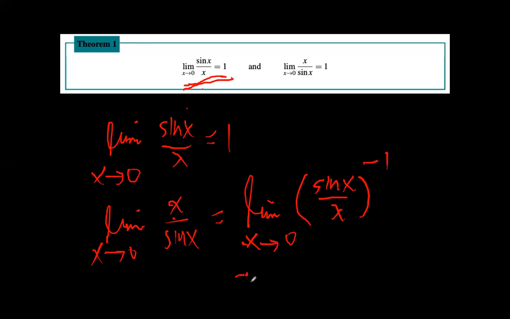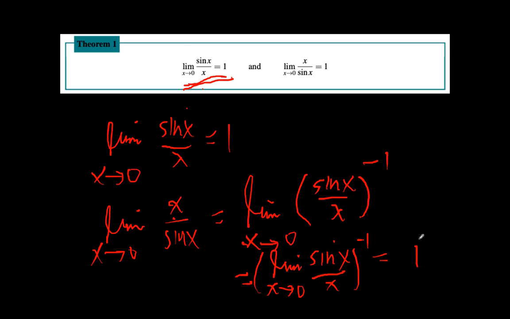Here we can take the limit of the inner function, which is sine x over x. That's the limit of sine x over x as x approaches 0, raised to -1. The limit of this is equal to 1 based on the first given in theorem number 1.